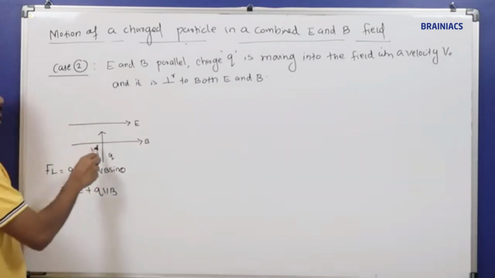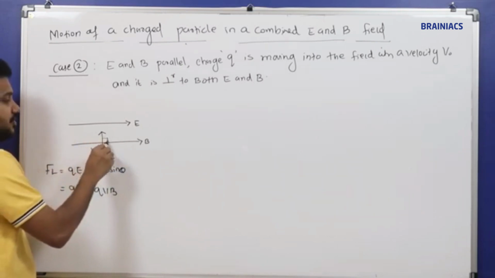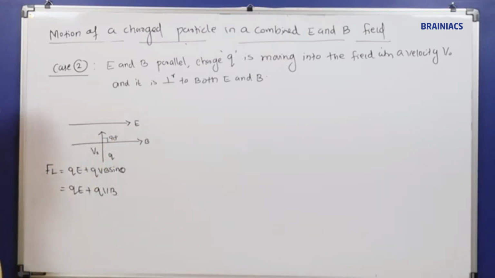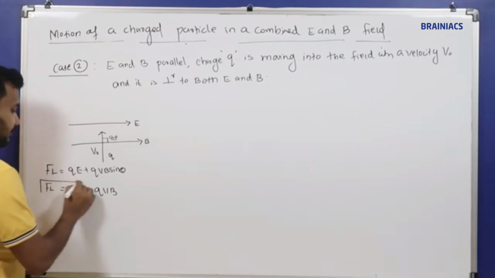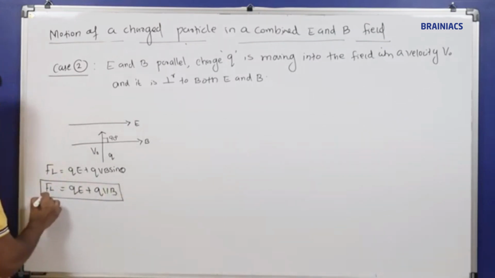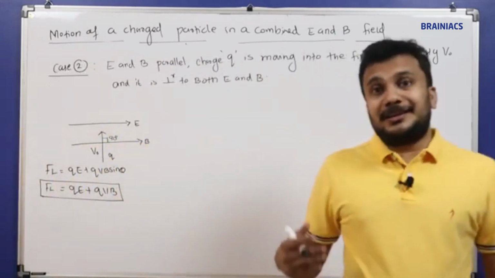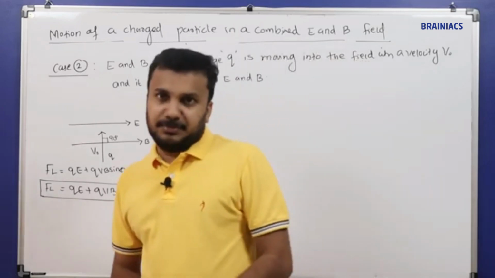Theta is the angle between velocity and magnetic field. Velocity and magnetic field angle is how much? 90 degrees. If it is 90 degrees, magnetic force exists. So the total force FL equals QE plus QVB, which means the effect of electrical force is there and the effect of magnetic force will be here.